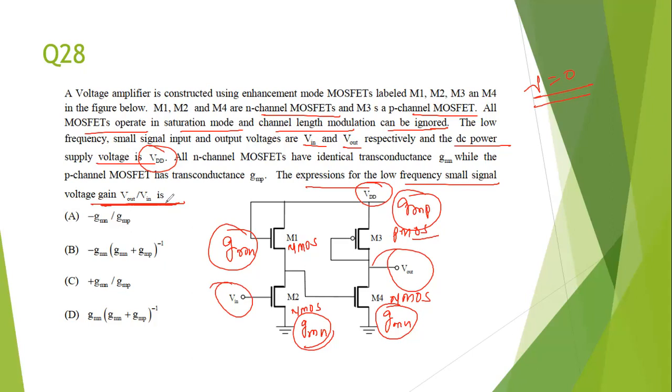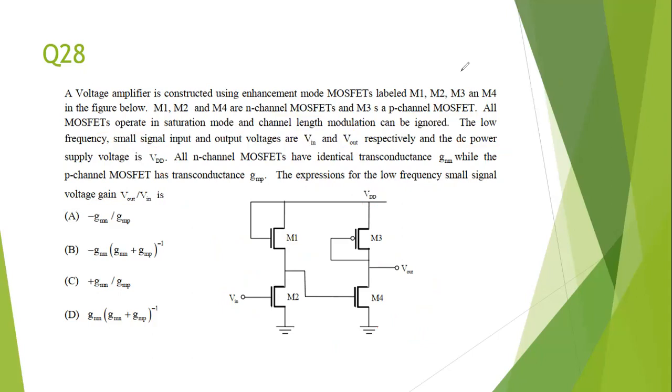Is that clear? Now if the drain and gate terminals are connected, let's say for M1, in this case drain and gate are short circuited. So if drain and gate terminals are short circuited, what is the equivalent circuit for M1? This is the gate terminal, short circuited with the drain terminal.